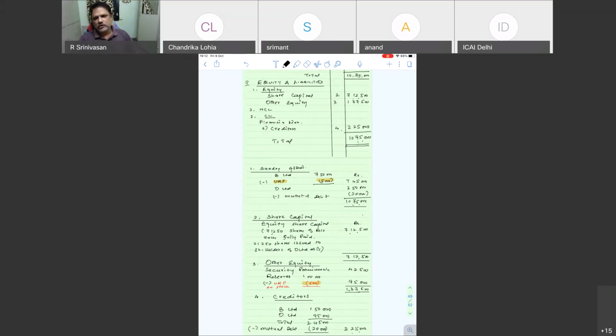Anything with a fixed amount of payment or fixed amount of receipt is a financial asset or financial liability. I sent you the format in the first class itself. If you don't have it, I will send it again.